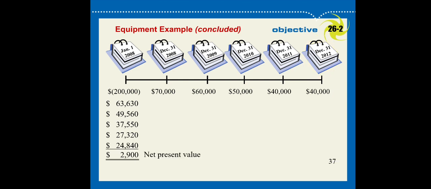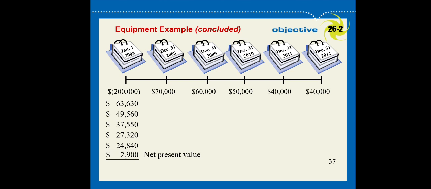Okay, when you do that, after you have calculated the present value of each net cash flow every year related to this investment in equipment or fixed asset, you will get a list of the present values of the net cash flow.